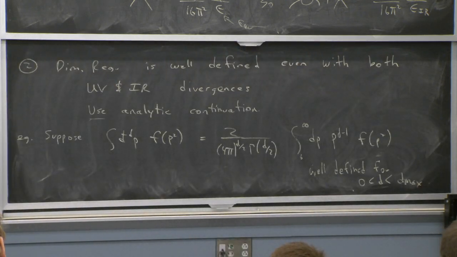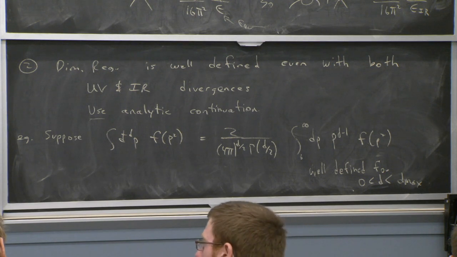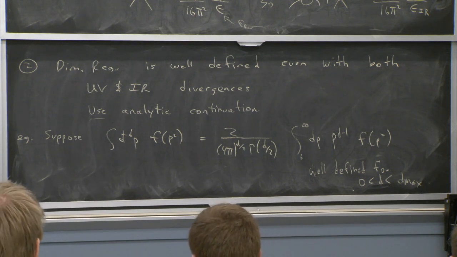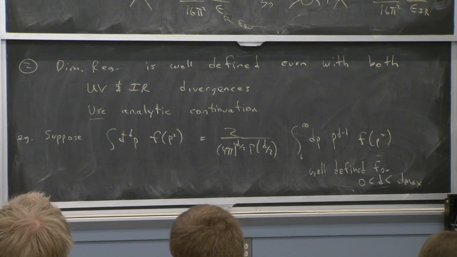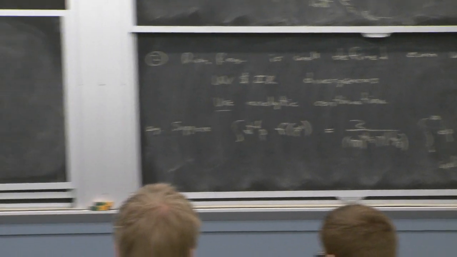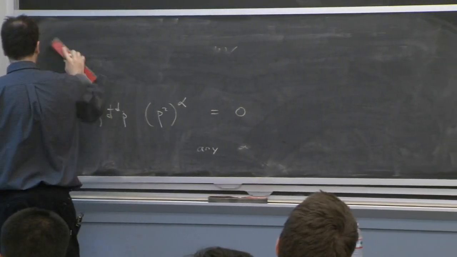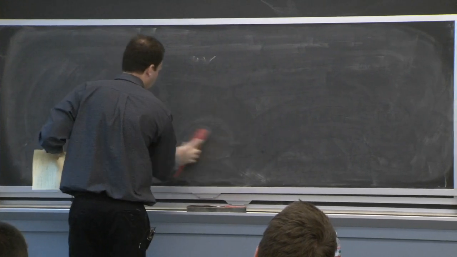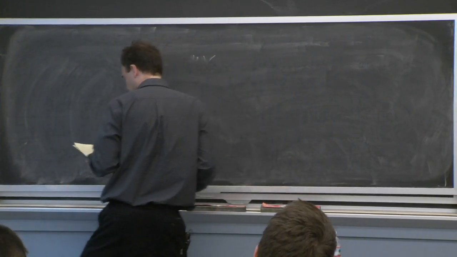And then let's say that we wanted to continue that integral to negative d. And the problem with negative d may be that when you get to negative d, you're getting some infrared divergences. And you have to figure out how to deal with them.